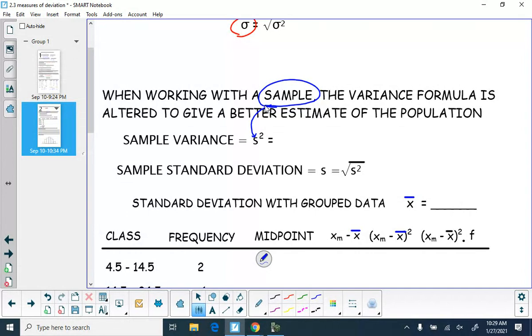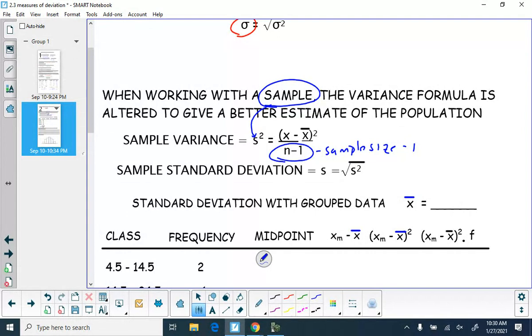Roman letters, we use the letter S. What changes is we take the sample size and subtract 1.